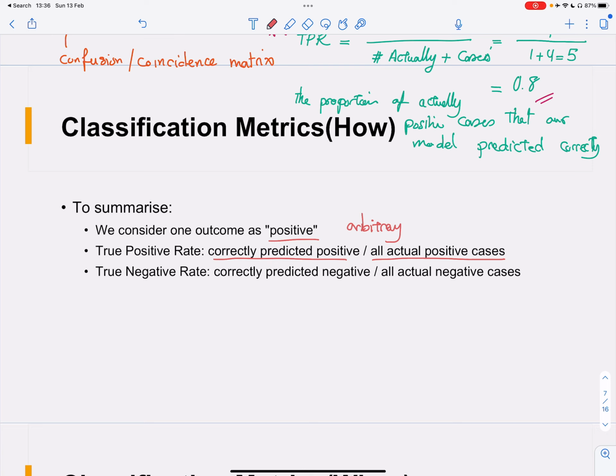Let's come back to our COVID example. So if having COVID is considered as positive, then true positive rate would be the rate by which our model correctly predicts the ill individuals.